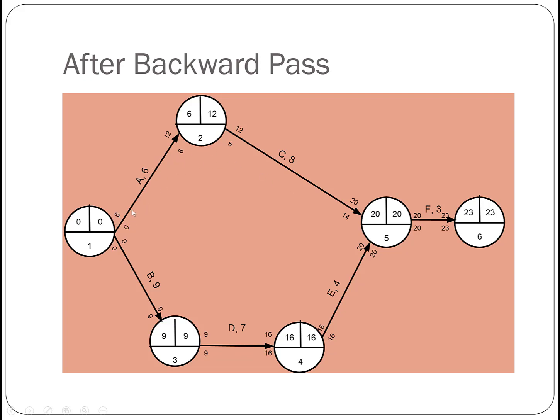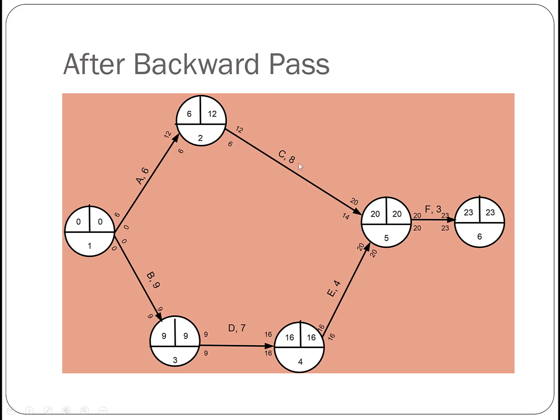So that means if we choose to delay A, or if we choose to delay C, they can be delayed for 6 days. And note here, this slack is assuming that all the other activities on this path will not be delayed. Say if we delay A for 6 days, then C will only have a slack of 0 because we used up that 6 days.